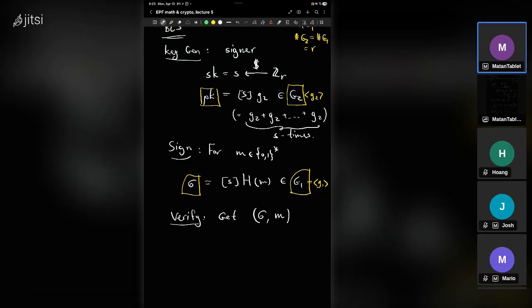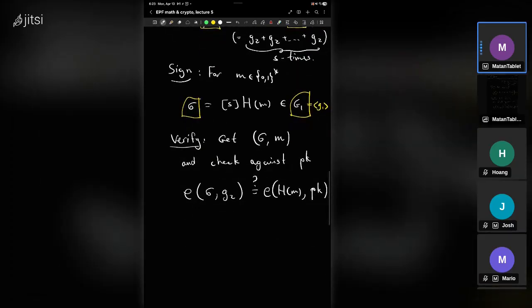So they get it and check against the public key, which is again public, that E of sigma and G2 is equal to E of H of M and the public key. And they accept if and only if the equality holds.